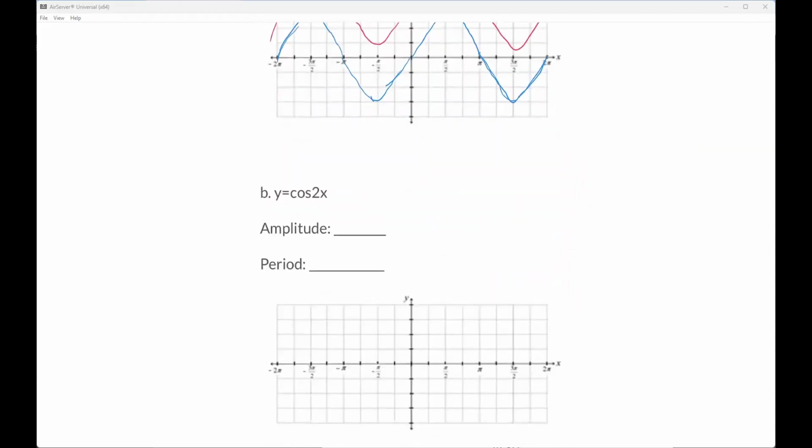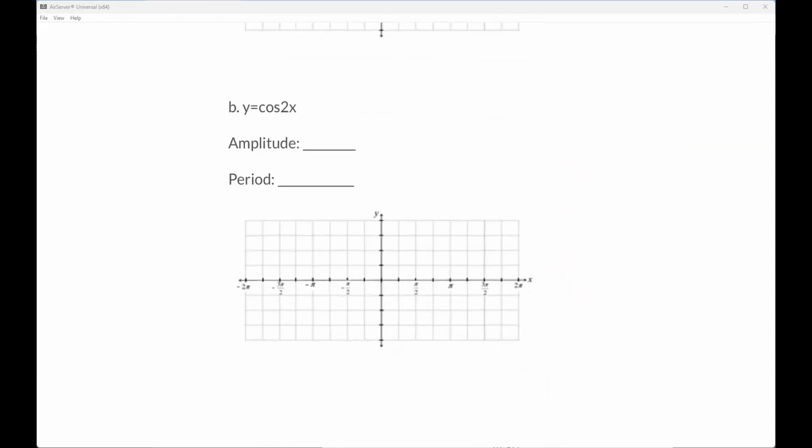All right. Cosine 2x, remember, so it's 2 pi over 2, which is pi. So our period is pi. Our amplitude is 1. So let's just say this is 1 right here. This is -1. And then remember, the full period has to go till pi. So it would be right here, 0, up, and over.